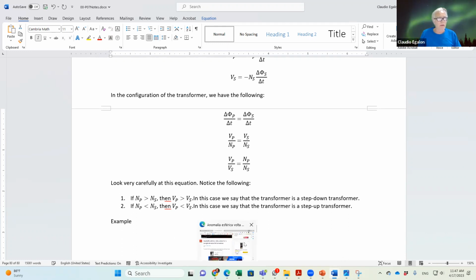Solenoid is 330 turns, and a second solenoid is only 25 turns.